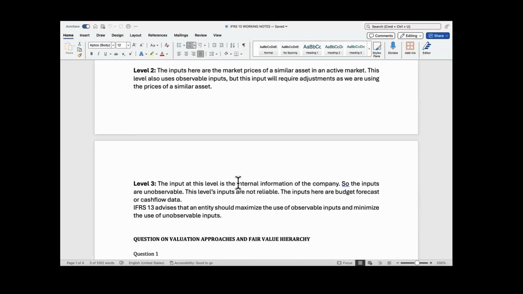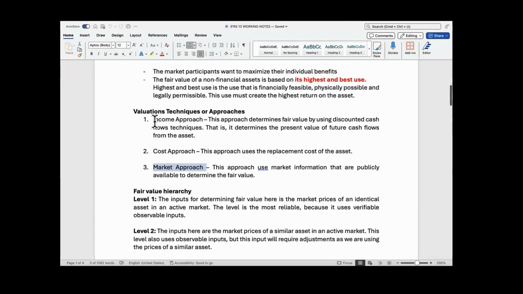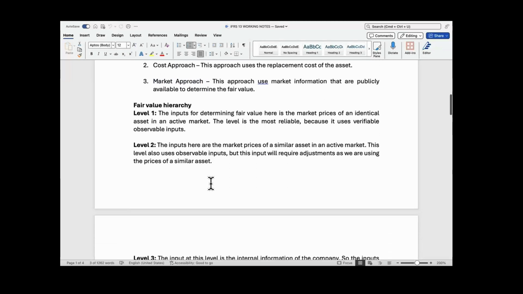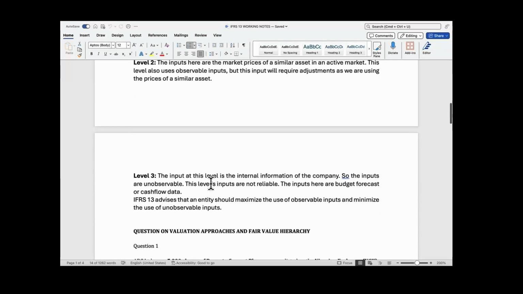There's really no viable way for you to get the value. You have to just make some estimates of future cash flows, then discount them to present value. So you'll probably be using the income approach for those scenarios. So level three is geared towards the income approach.